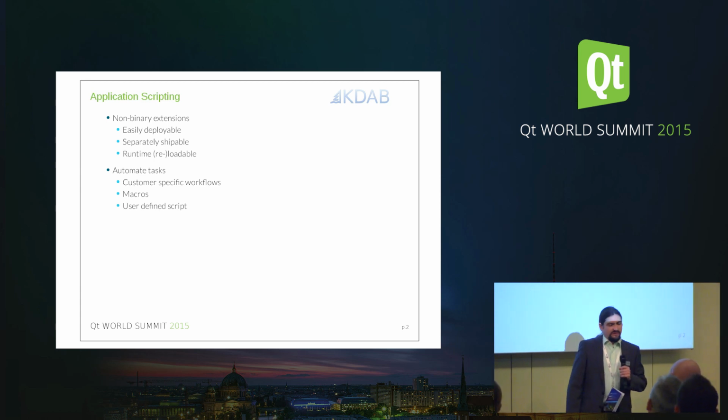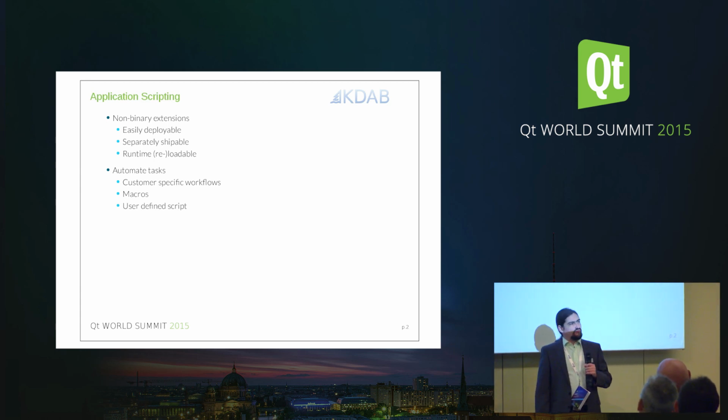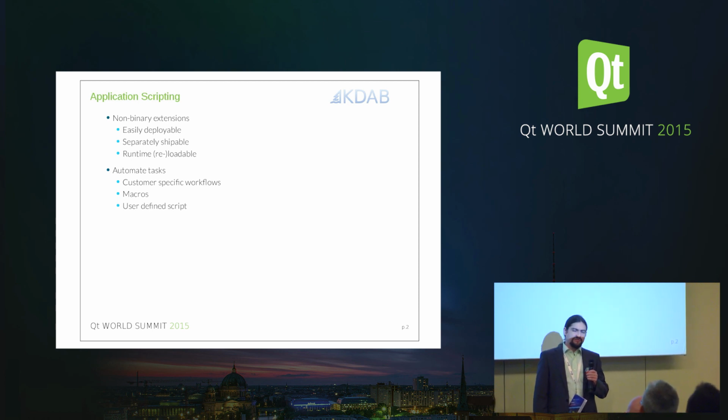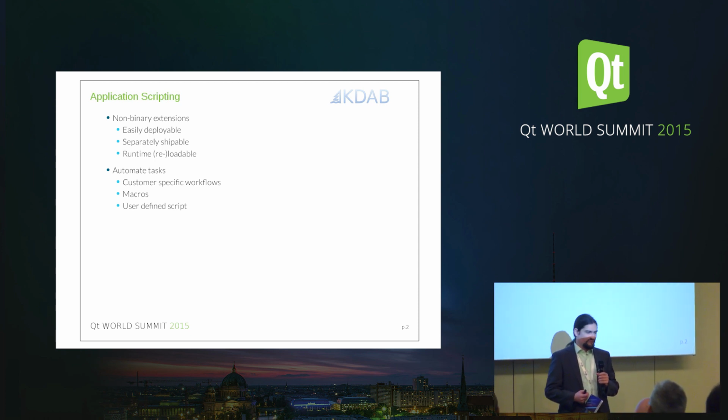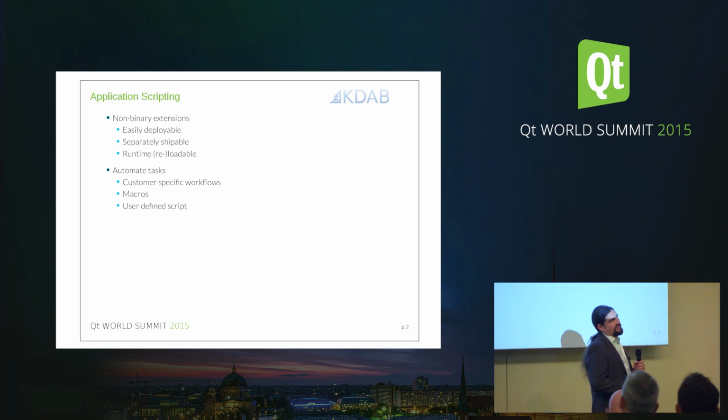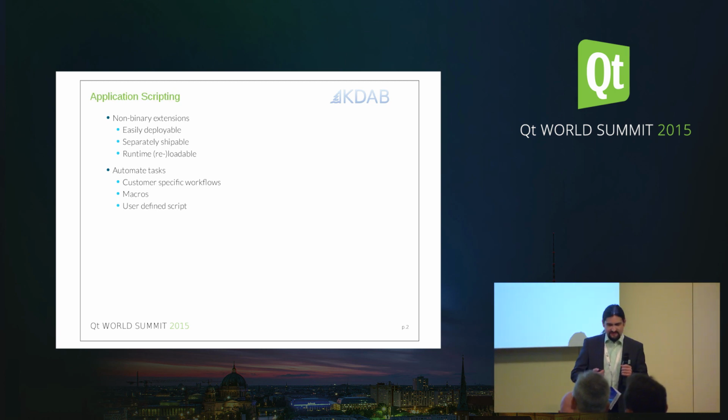Application scripting can also be a very powerful tool for users, right? If you make your application scriptable in a way that the user can provide scripts, then the user can automate their own workflows. We know that this is very widely deployed with Office products, for example.